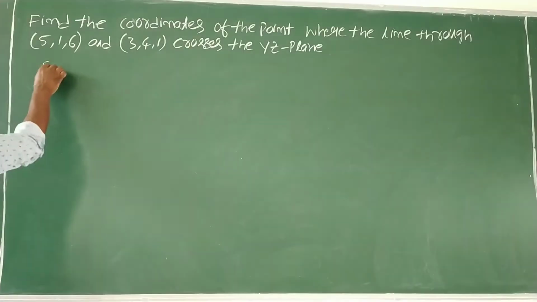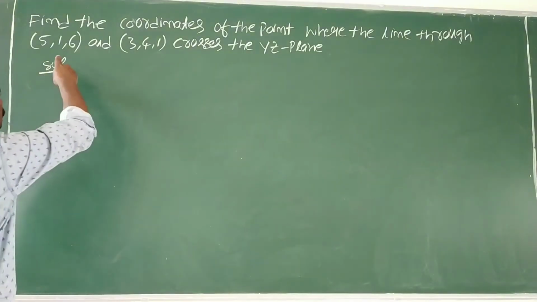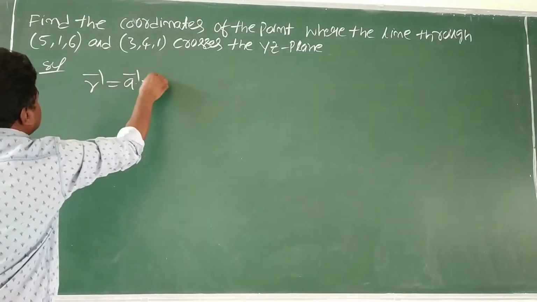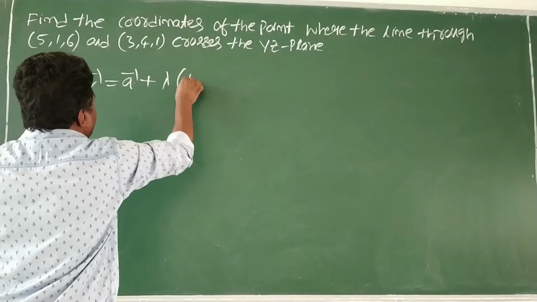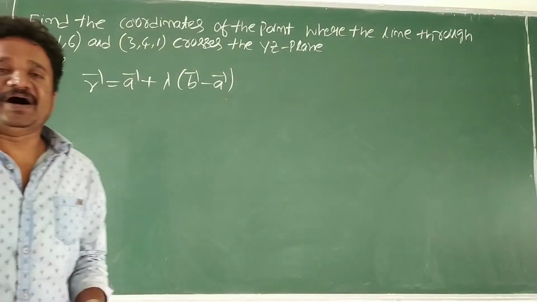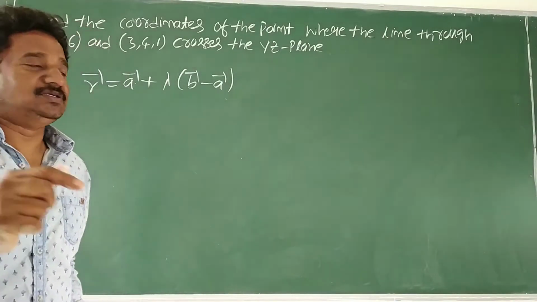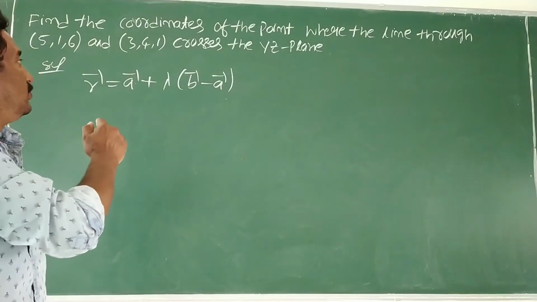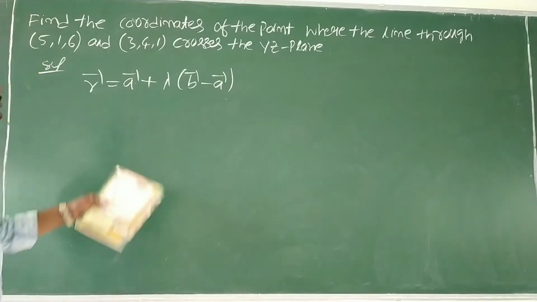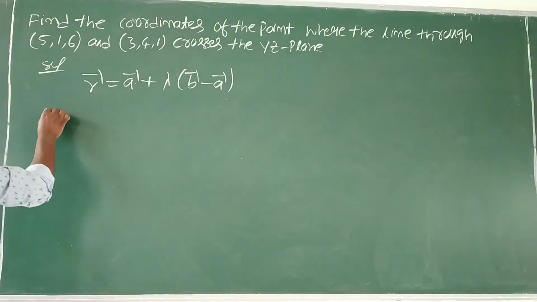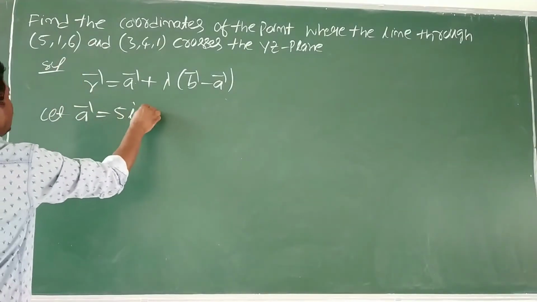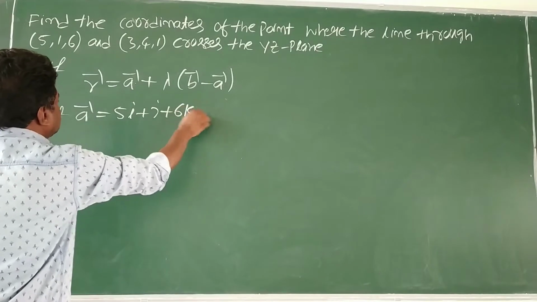Now solution, the line passing through the points: vector R is equal to vector A plus lambda into B minus A. Equation of line passing through 2 given points is vector R is equal to vector A plus lambda into B minus A. Substitute, let vector A is equal to 5I plus J plus 6K.